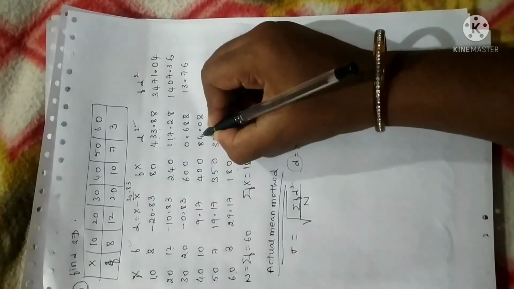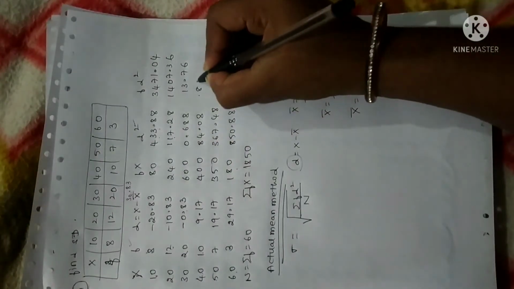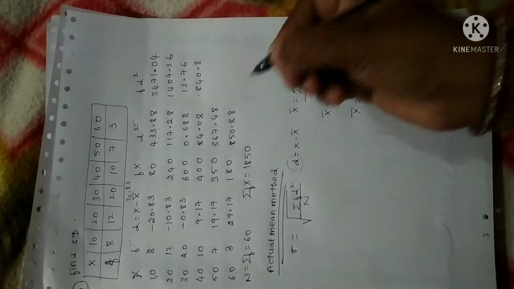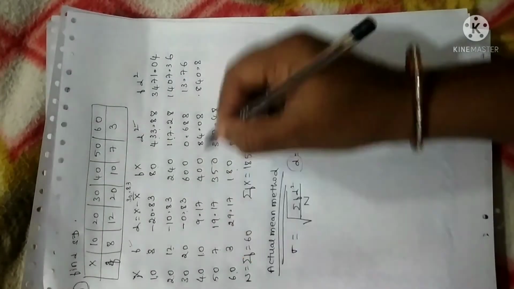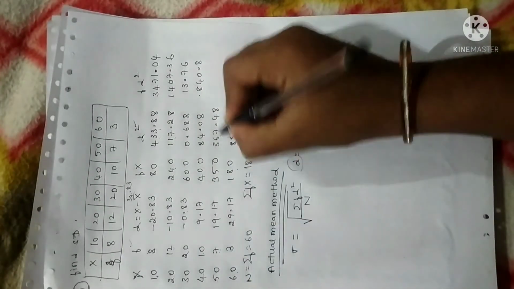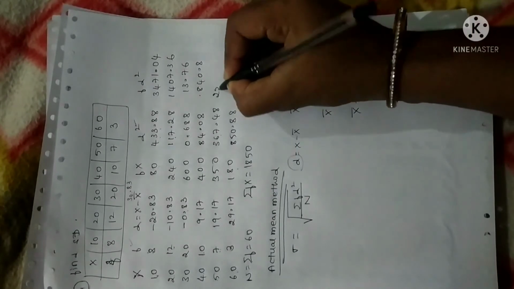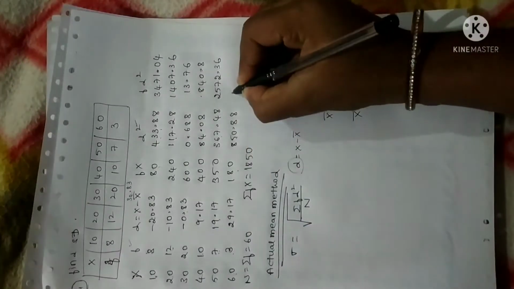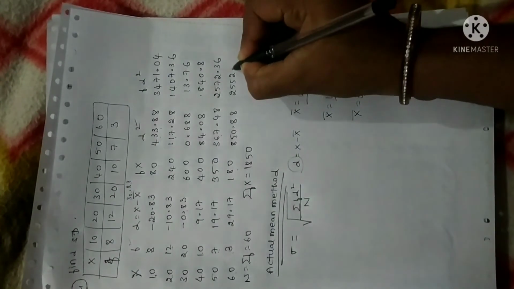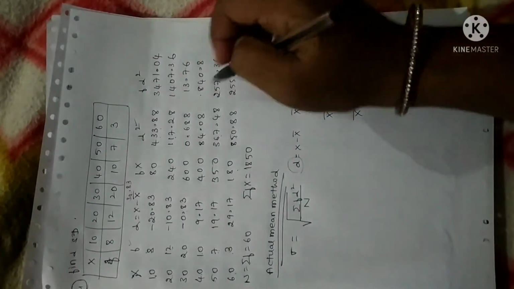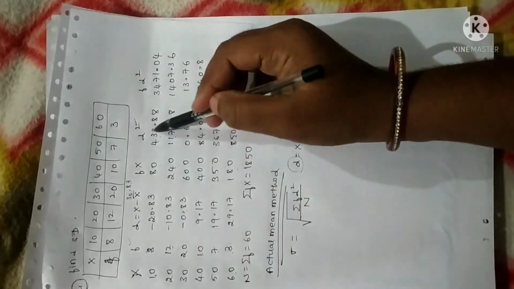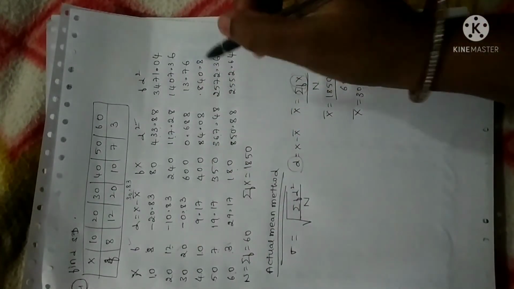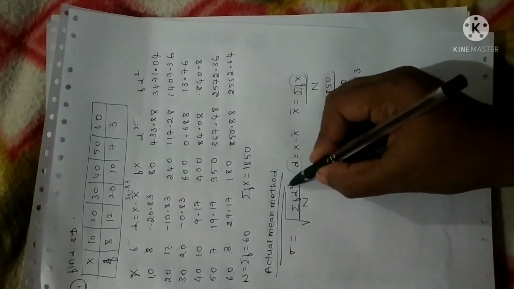Next, 10 into 84.08, 840.8. Please use the calculator to multiply. 7 into this value, it is 2572.36. 3 into this value, 2552.64. So I have calculated f d square. I have multiplied this column with this column. So I have obtained f d square. Next, what is needed? Sigma f d square.